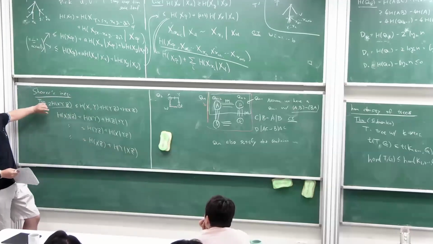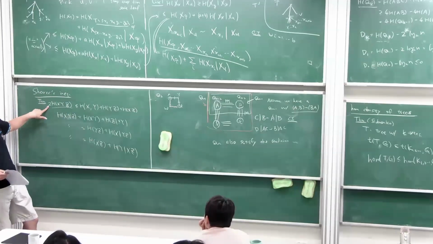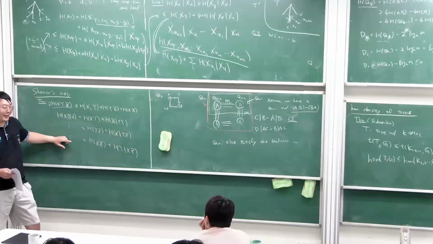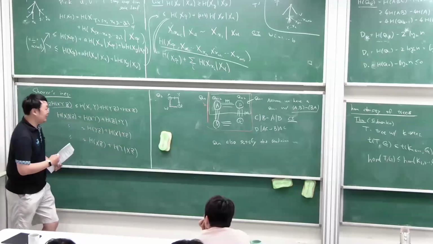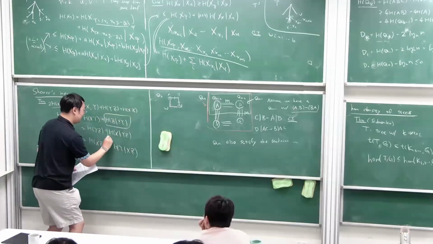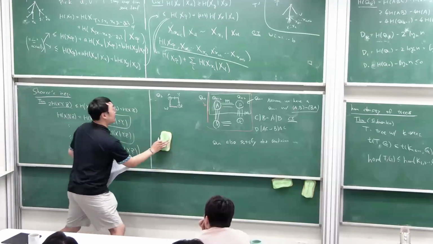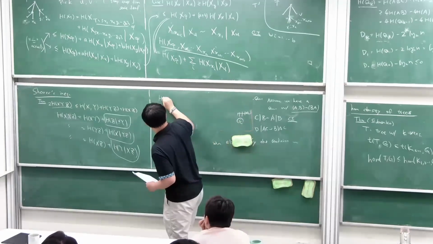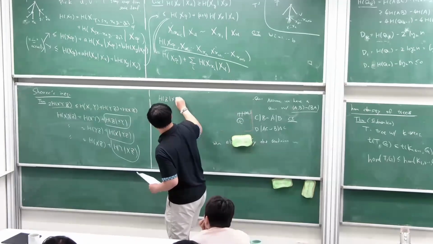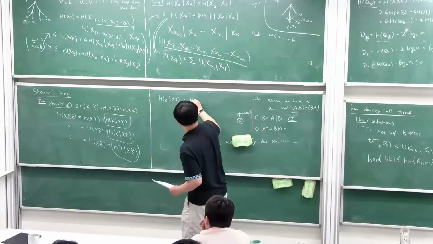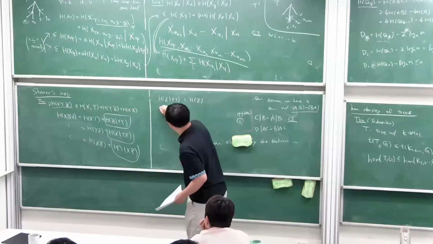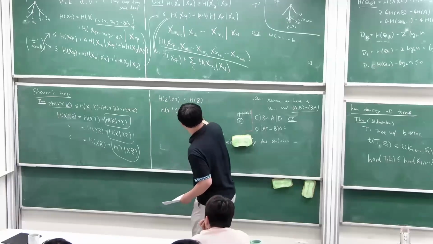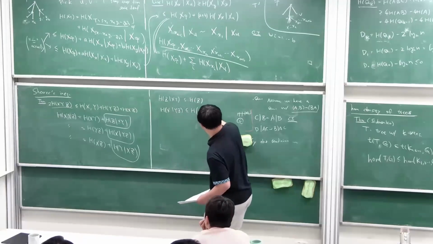Now in the left-hand side of Shearer's inequality, I claim that I only need 2 copies here. So I want to use the extra terms to kill one of the copies. You have these 3 terms. The term H of z given xy, we can upper bound by just H of z, and the next term H of x given yz, upper bounded by H of x given z.